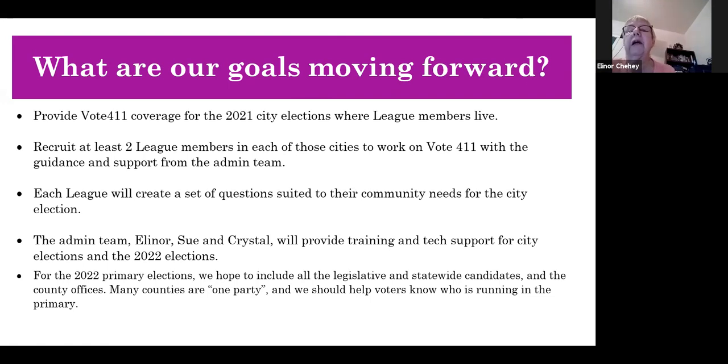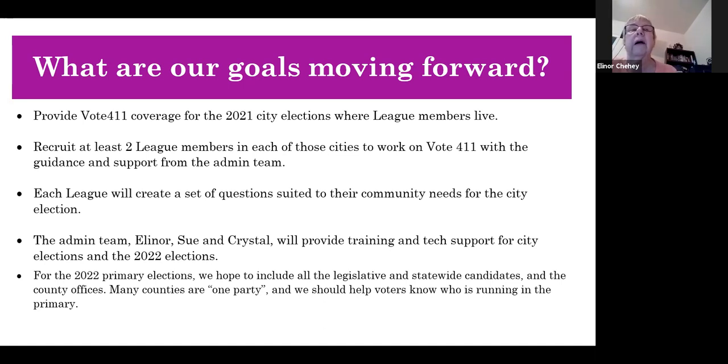Then we found out through the National League office that the Statesman was doing Vote 411, and that possibly we could work with them and have the legislative candidates for Southwest Idaho included in our Vote 411 if I were to contact the candidates.